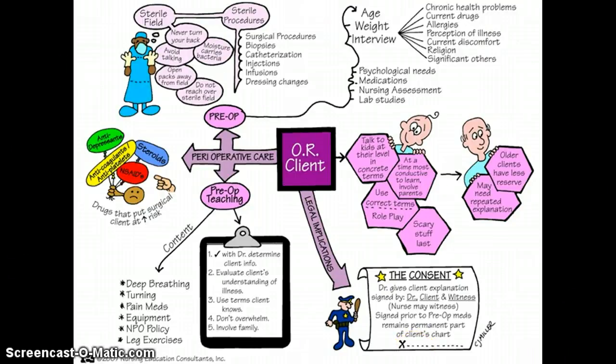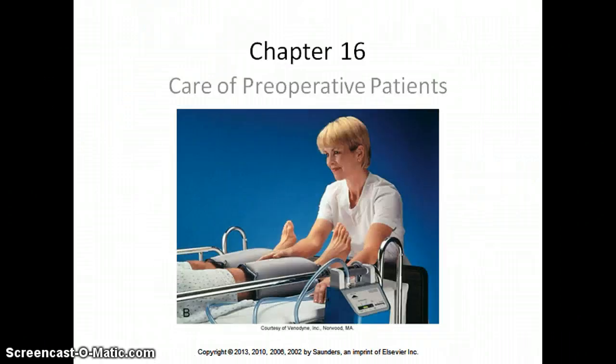So this is just kind of, in a nutshell, everything we're going to be talking about during this unit. So let's take a look at Chapter 16 in your IGGI book, the care of the preoperative patients. And when we're talking about our preoperative patients, we need to consider the setting. Where are they having surgery?